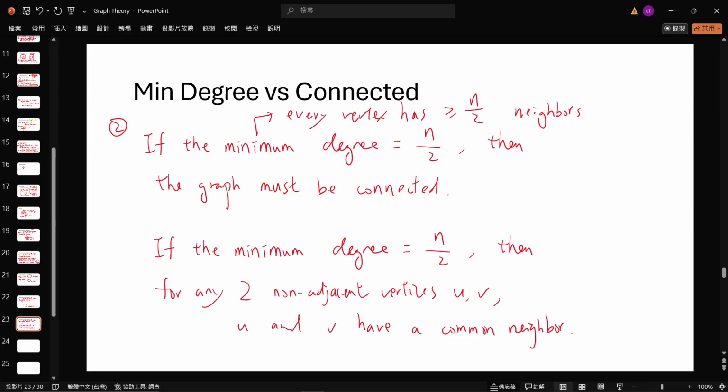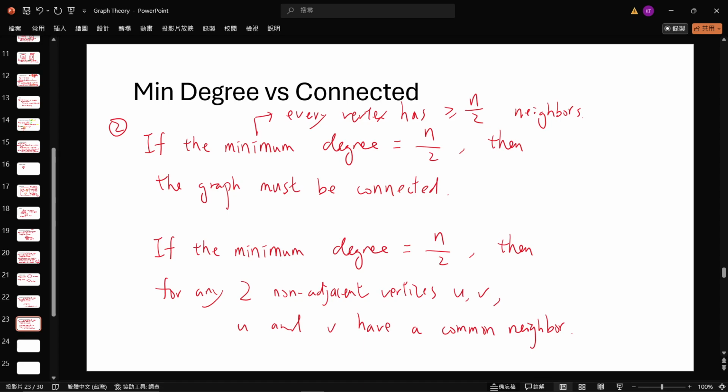If this is true, then obviously this is a connected graph, because for any two vertices, either they are adjacent or they have a common neighbor.